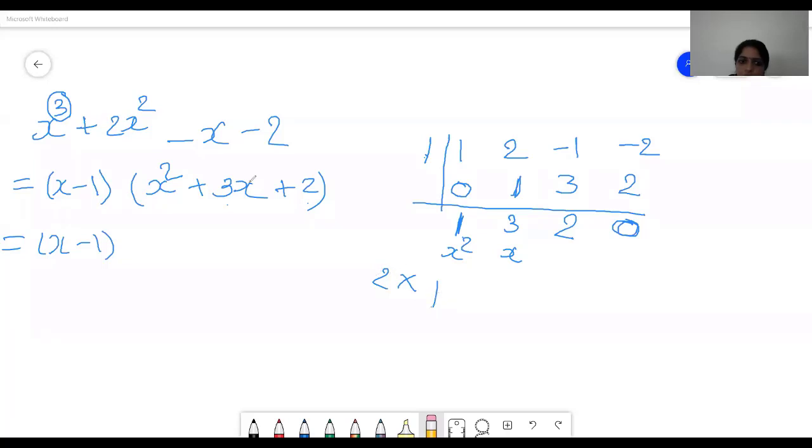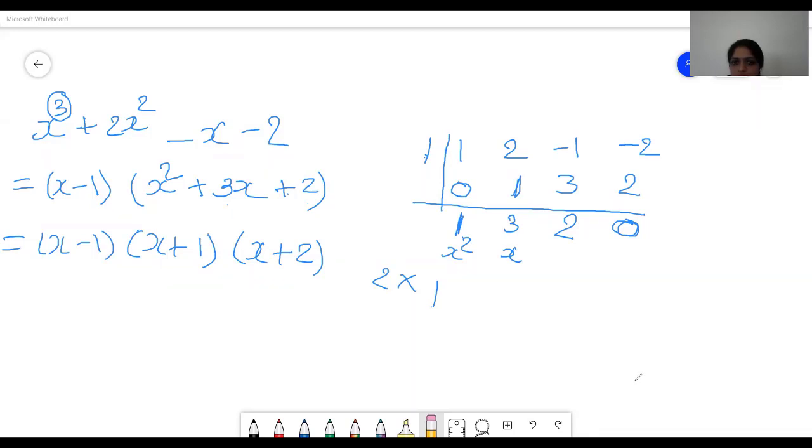So 2 and 1. And here plus sign. This one is also plus sign. So both signs are plus. So the roots are x plus 1 and x plus 2. 2 ones are 2. We want 3. 2 plus 1 is 3. Okay. I think now it is clear, or do you still have any doubt?